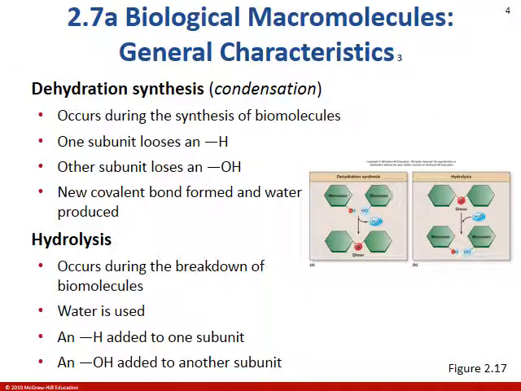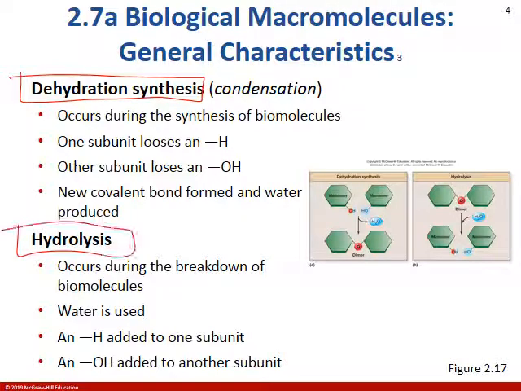So the process by which this happens is called dehydration synthesis and hydrolysis. So these are reactions that are going to occur to either join monomers or to pull apart polymers. So dehydration synthesis, most of us know this term, right? Dehydrate, remove water.